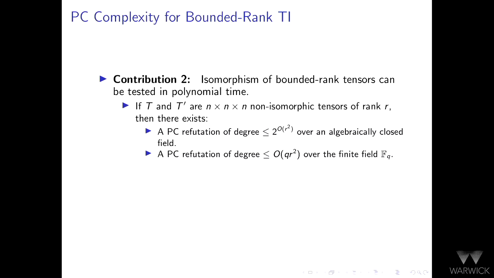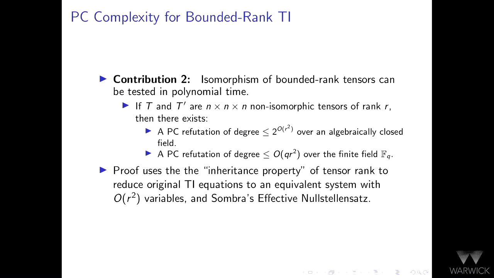However, in either case, since these constants are independent of the dimension n, this shows that the refutations can be found in polynomial time in n.